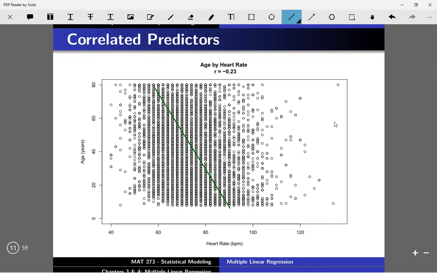So intuitively what this means is as someone's getting older, their heart rate is tending to decrease. Or inversely, as their heart rate is higher, they tend to be younger on average. That's what this plot is telling us.